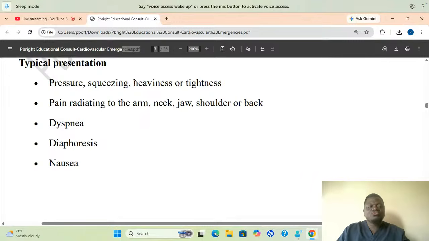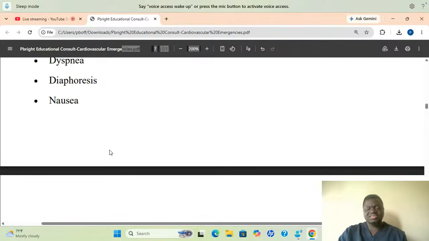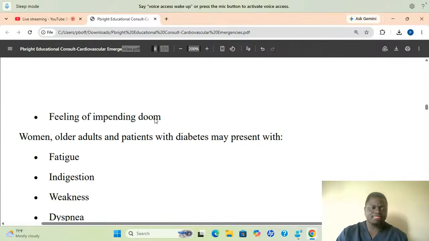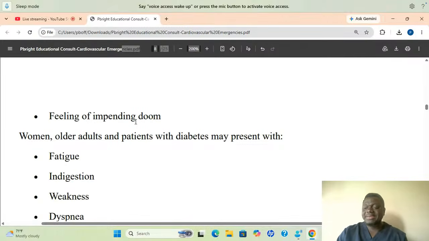Some people will come with severe chest pain, and they will describe the pain as radiating to the back, the shoulder, or the neck. Dyspnea, and they are diaphoretic. There is also nausea and vomiting, then a feeling of impending doom. They feel they are going to die.